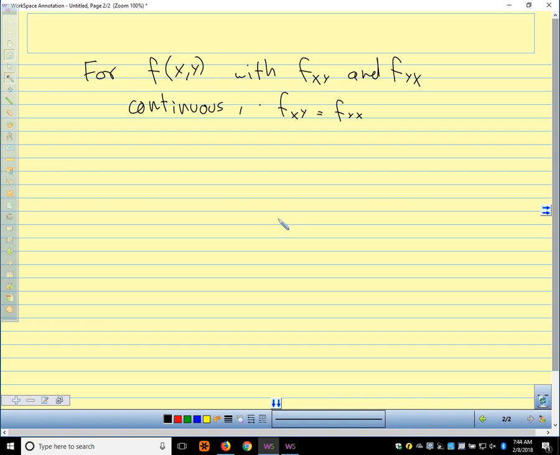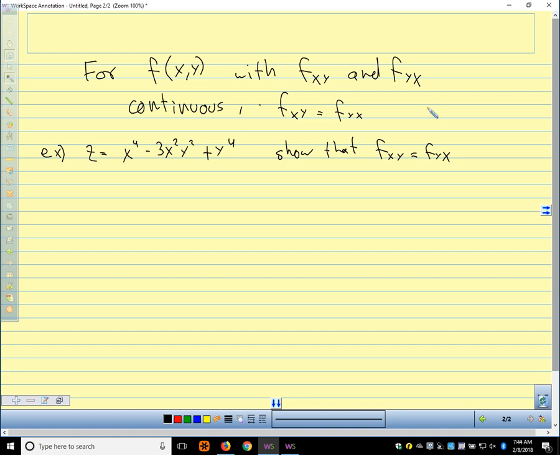So I want to go through one example where, let's say, the problem says z equals x to the 4th minus 3x squared y squared plus y to the 4th, and we want to show that f sub xy equals f sub yx. So we want to demonstrate for this particular function, we've been told in general that that's true, but we want to demonstrate that for this function.